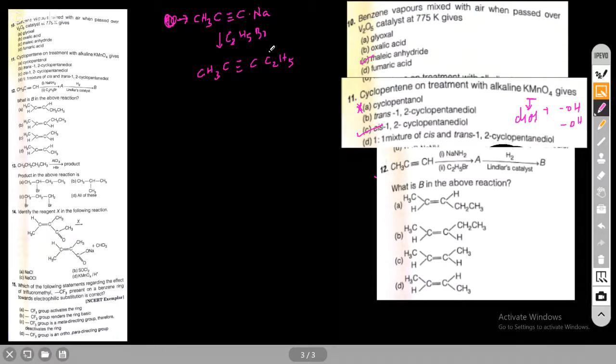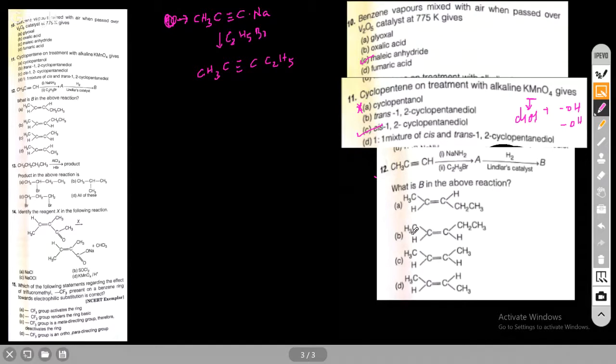When this molecule is allowed to react with H2, Lindlar's catalyst, addition of hydrogen takes place, and from alkyne we end up with alkene, double bond. But the point is whether this addition is in the cis manner or trans manner. That's the question, and that's why some of you are getting A and some of you B. There is the confusion, probably.